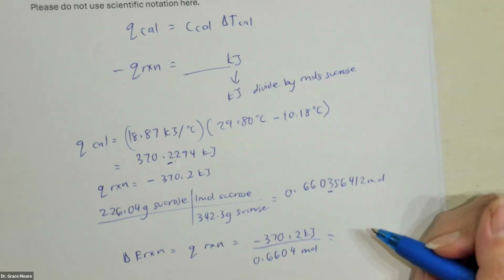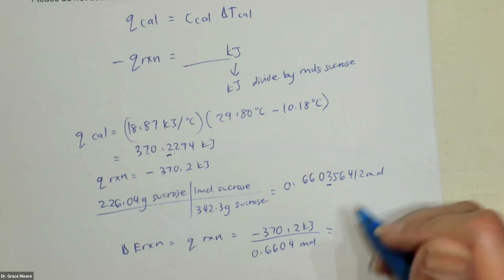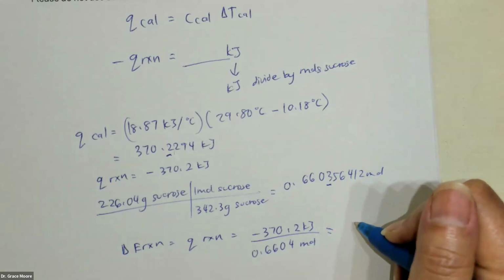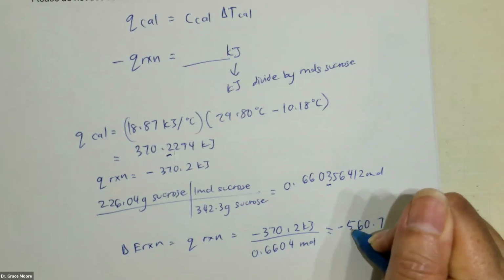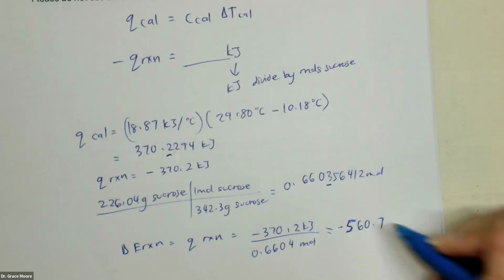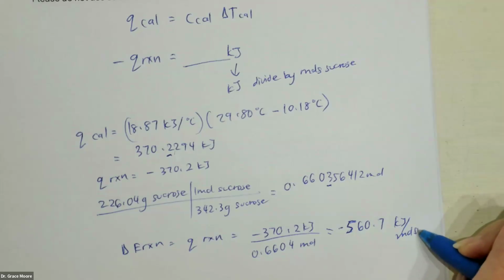I really just don't round until all the way to the end. I keep all the numbers on the calculator. And then you end up getting, with 4 sig figs, 560.7, and it's a negative. And that would be for units of kilojoules per mole of sucrose.